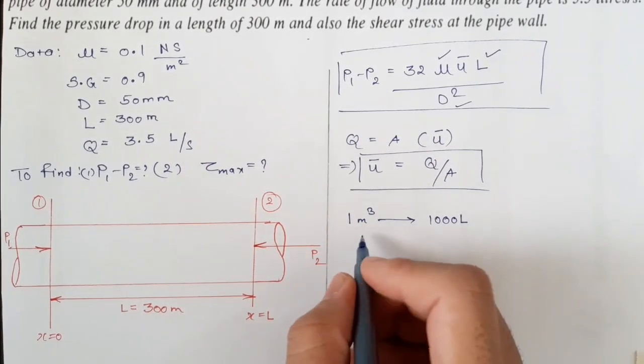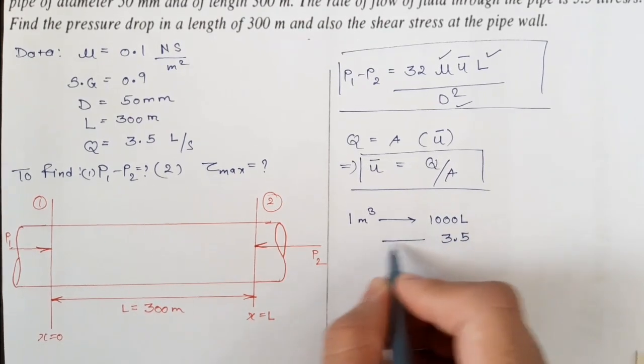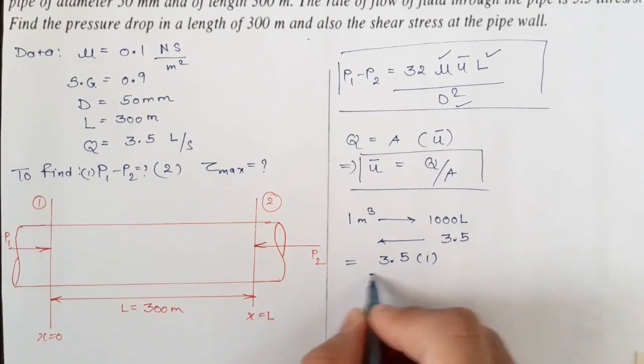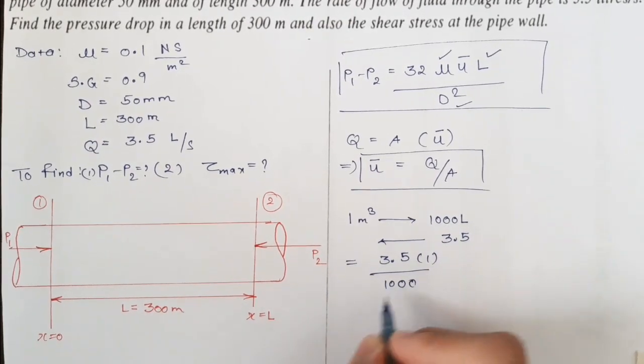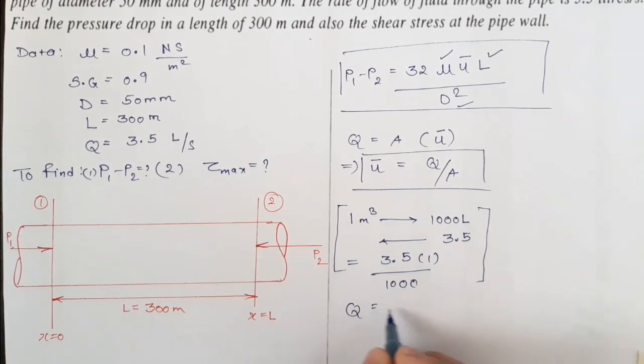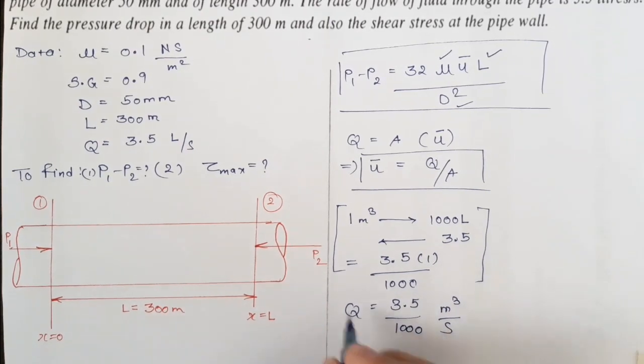So 3.5 liters equals how much meter cube? It will be 3.5 into 1 divided by 1000. So Q equals 3.5 divided by 1000 meter cube per second.